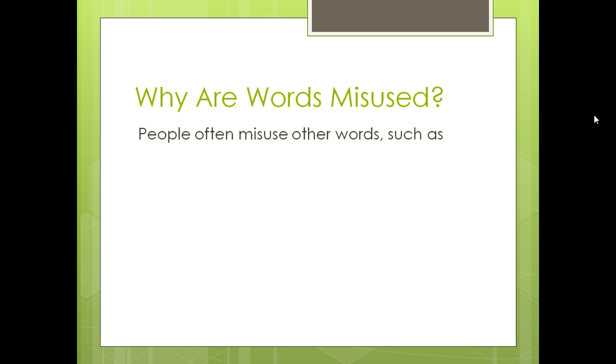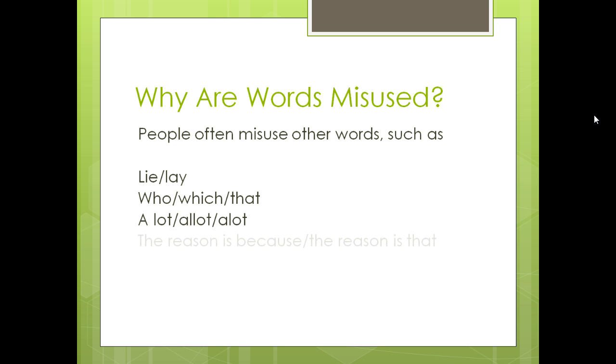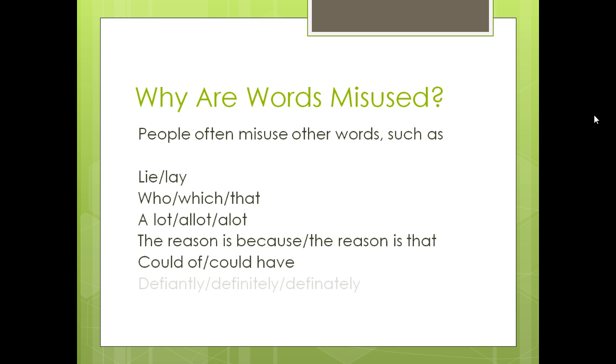Sometimes words are often confused with other words even though they don't sound alike, such as these examples. So let's look at how some of these words are misused, and let's learn the correct ways to use them.